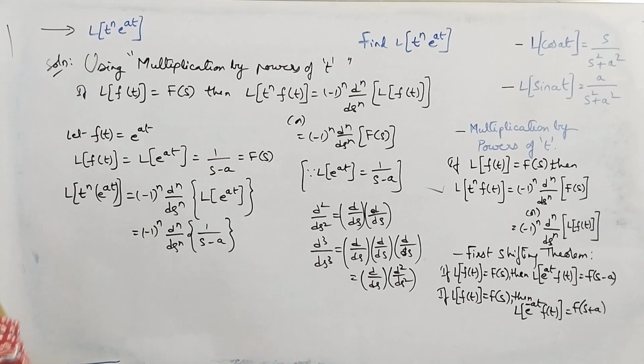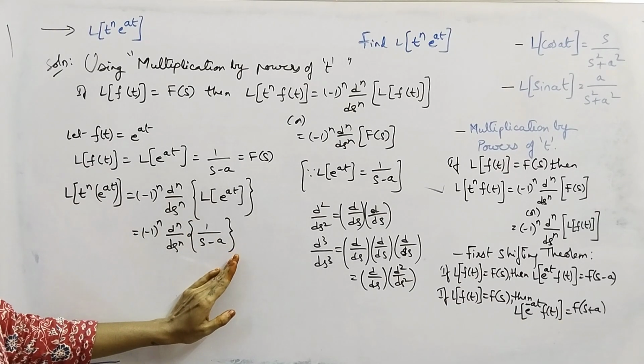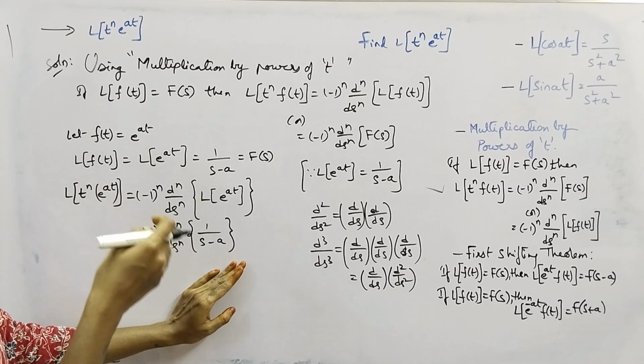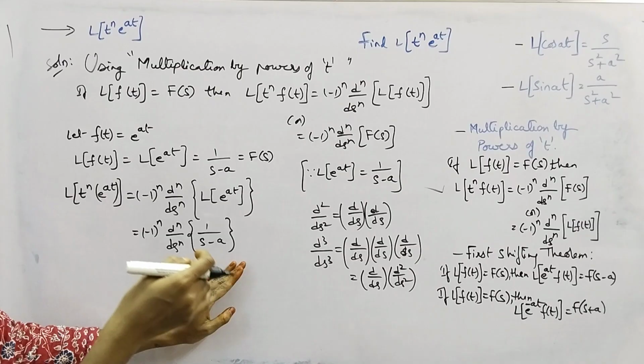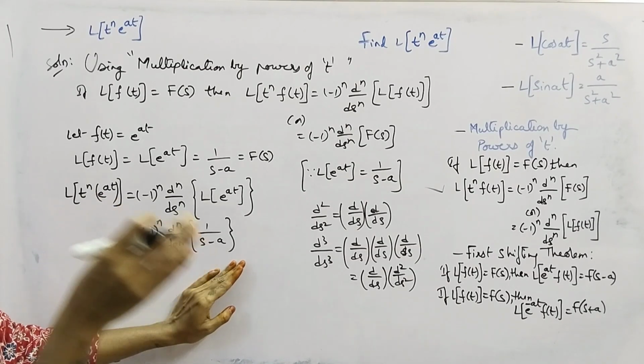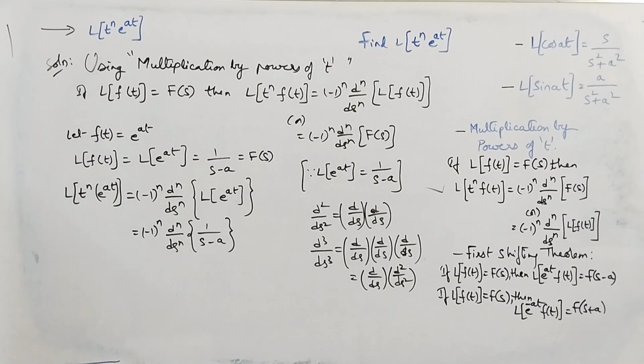Keep this on one side. Here we'll find the first, second, and third derivatives, and finally we'll see the pattern and write in general the nth derivative. I'll show you.